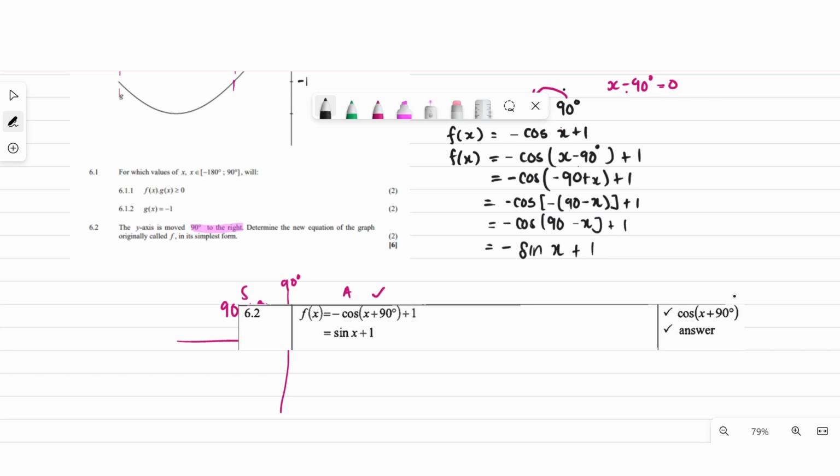And yes, I've seen it. If you watch this video with reference to the memo, it basically made this a positive. That's incorrect. If this is a positive, if you say x plus 90, you basically say that the graph moved to the left-hand side, which is completely wrong. When it moves to the right, it's x minus 90.